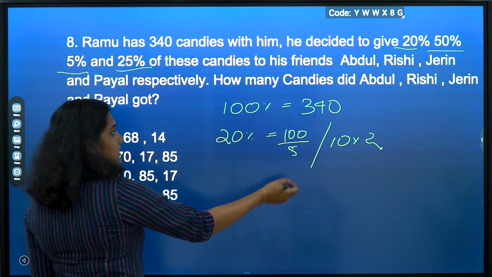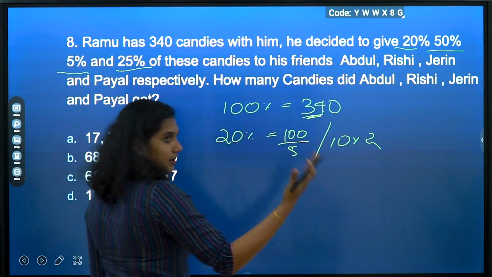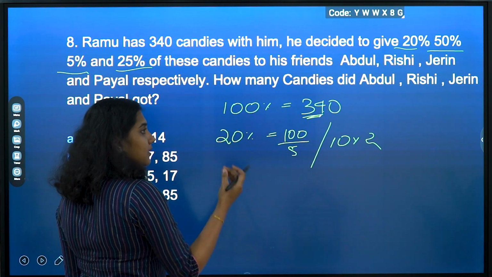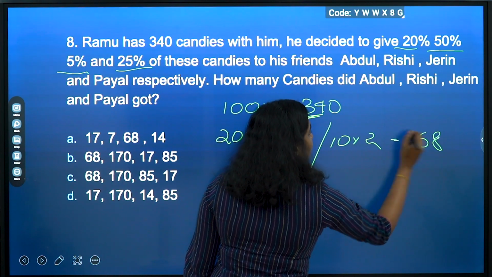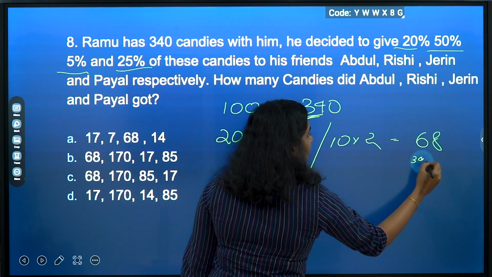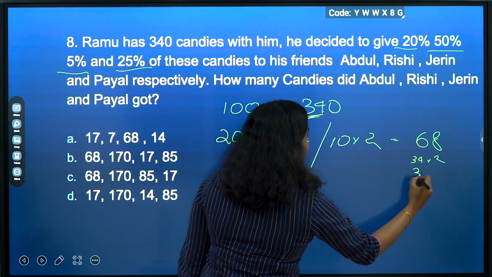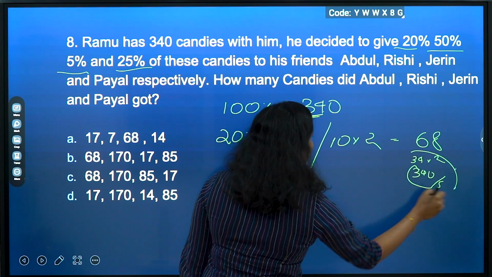So here 10% is 34. So from the right hand side, move a place and put a decimal point. So 20% will be 34 into 2. That will be 68. Okay, 34 into 2 or 340 divided by 5. You can find out in either way.